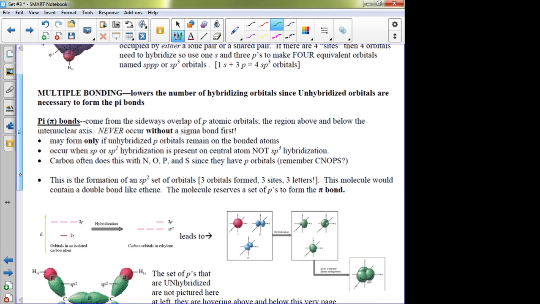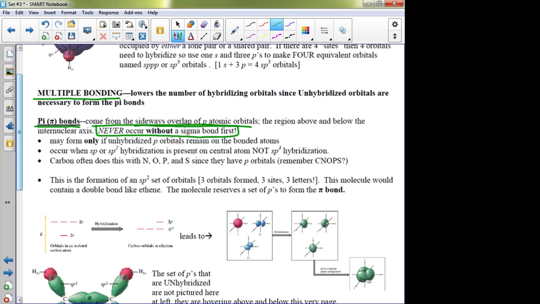Okay. But what happens when I get those pesky multiple bonds? What happens when I get a pi bond? When I get those double and those triple bonds. Now, remember we said sigma bonds come from a head-to-head overlap, right? Pi bonds come from a sideways overlap. Another thing for you to remember is pi bonds never occur without a sigma bond first.